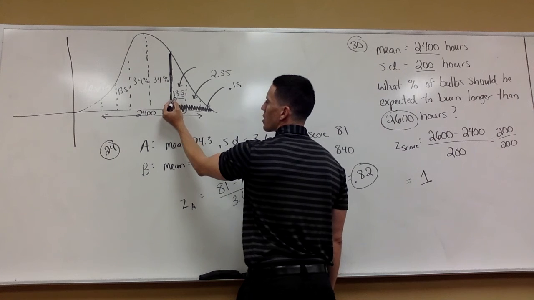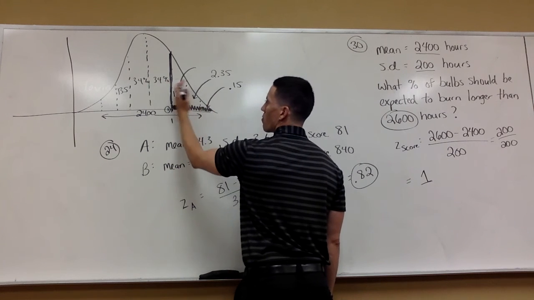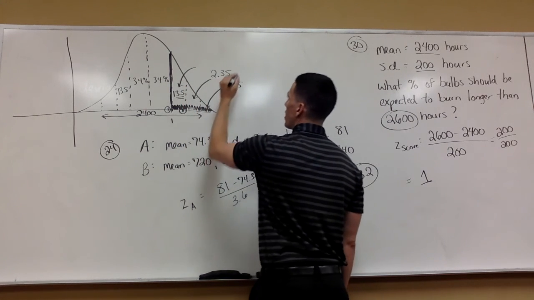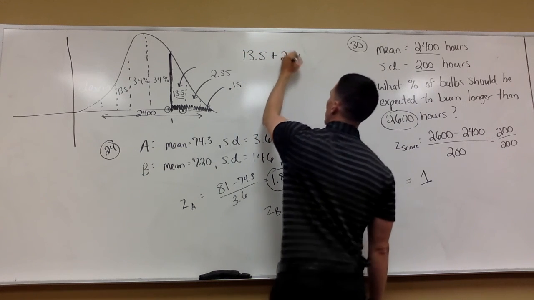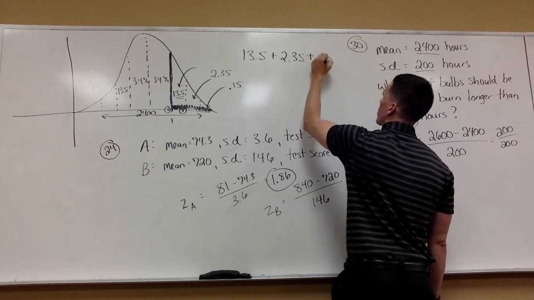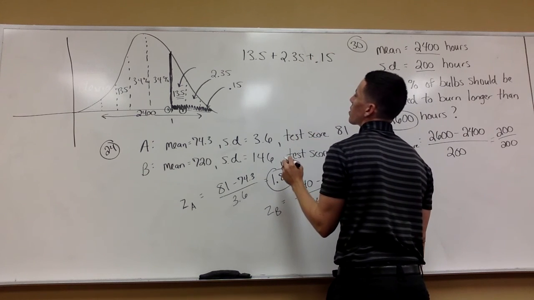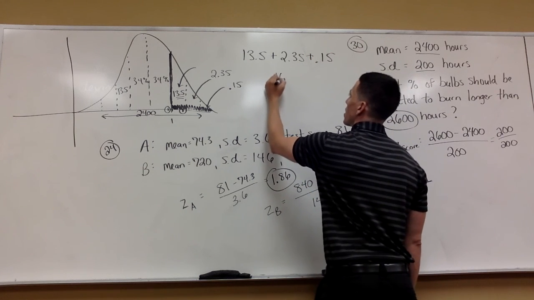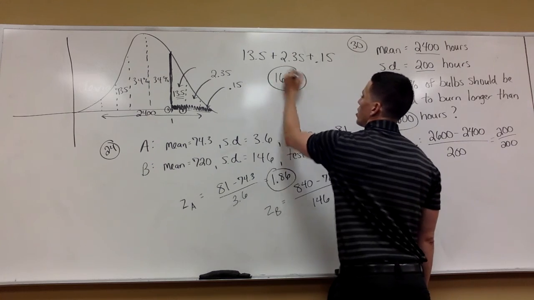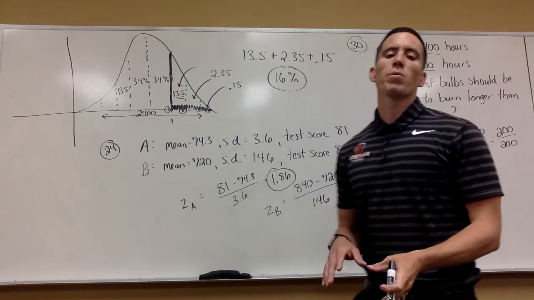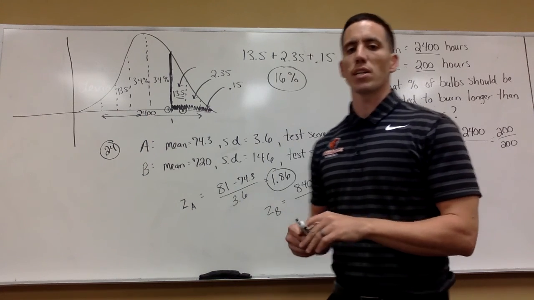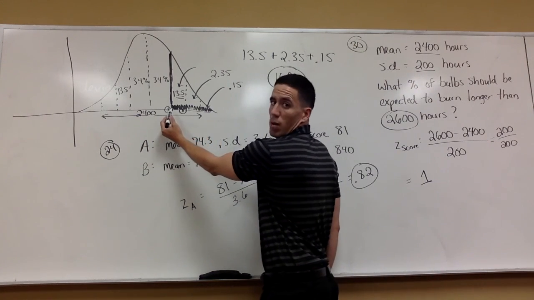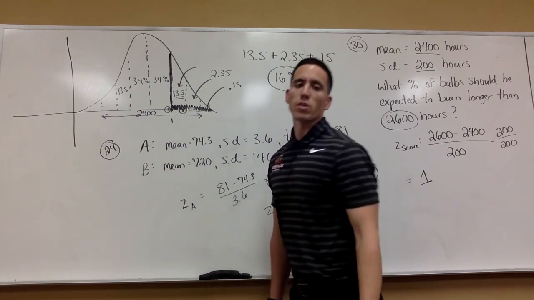So the total percent of bulbs that lie in all of this region right here is 13.5 plus 2.35 plus 0.15, which turns out to be 16%. So in answer to the question, we would expect that 16% of these type of bulbs could be expected to burn longer than 2,600 hours.